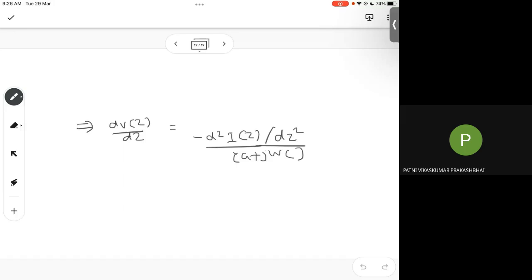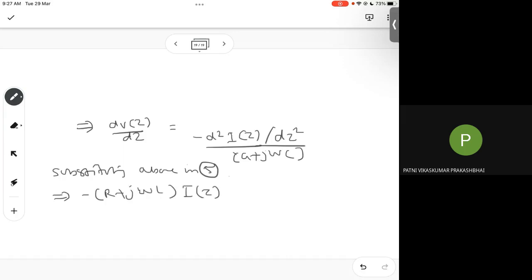So therefore, substituting the above in 5. We started with 6 and substituted in 5, and what I get here is minus (R plus j omega L) Iz is equal to minus d square Iz by dz square over (G plus j omega C).